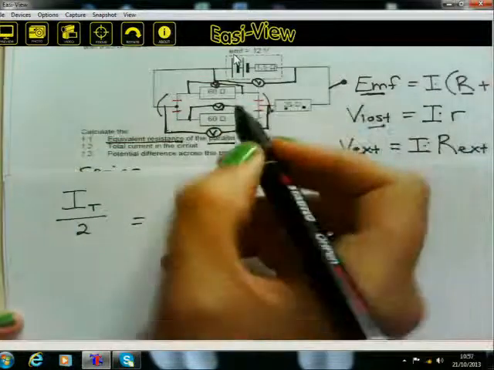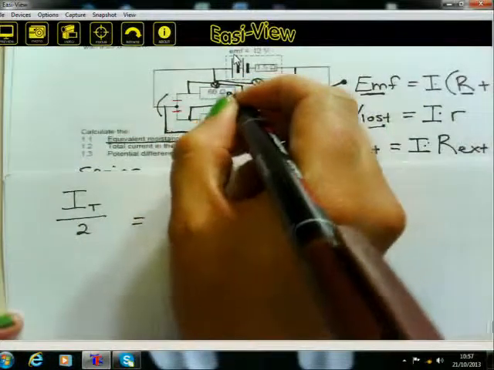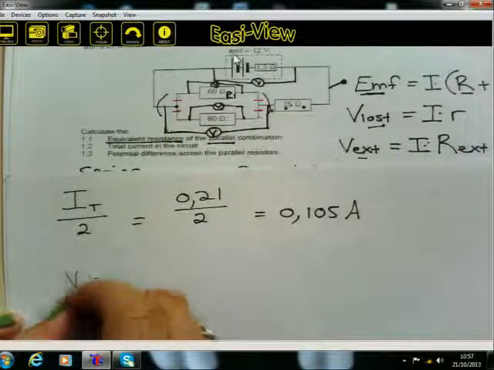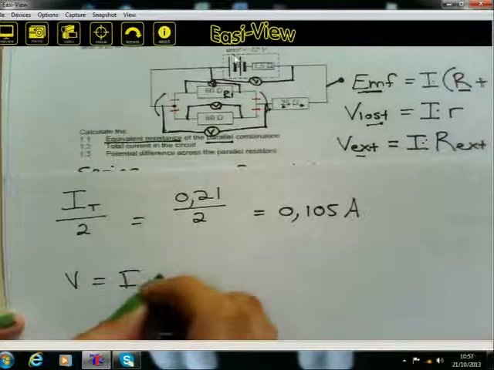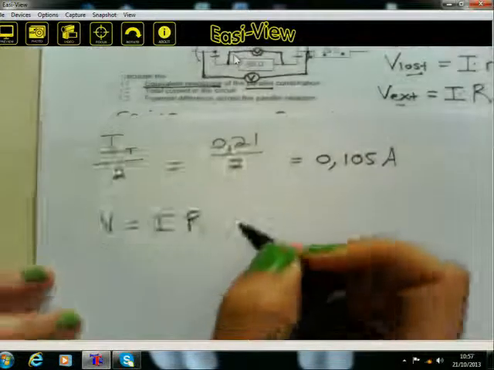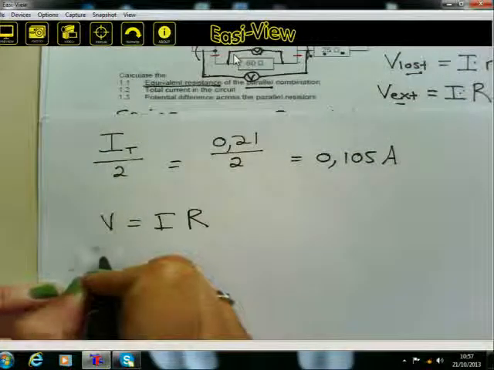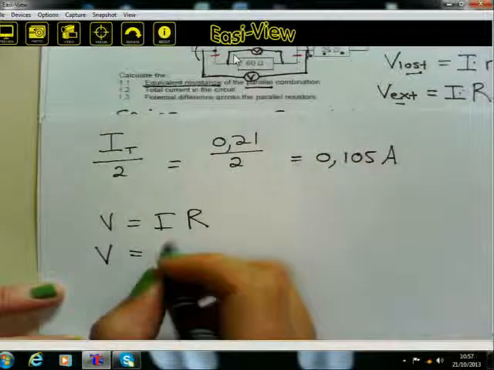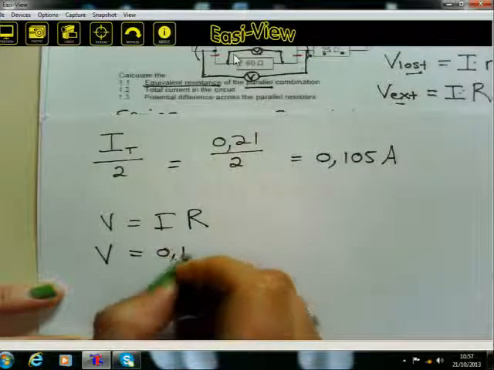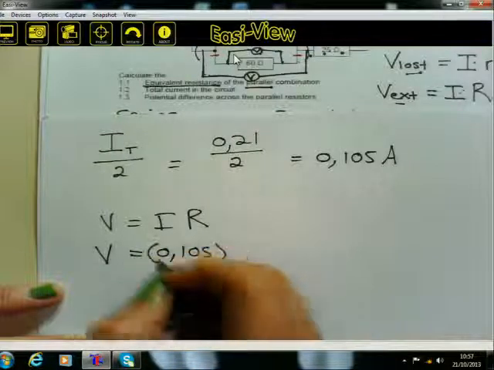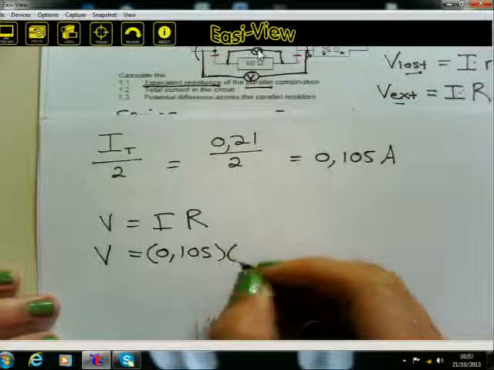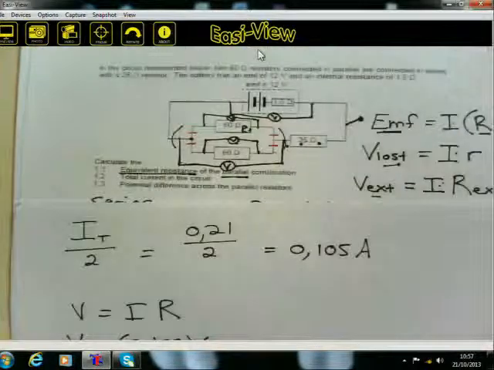So if we take, let's name this one R1. V equals IR. So the volt over resistor 1 is equal to 0.105, which is the current in the first branch, times what is the resistance in that branch?